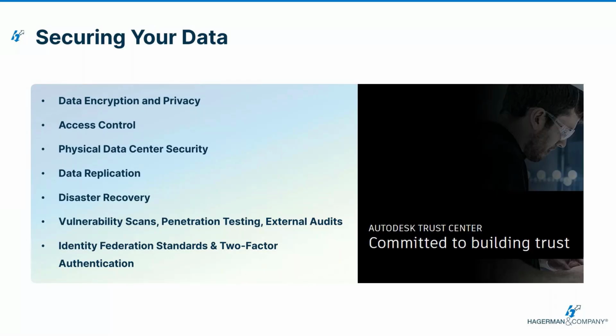Your data is replicated between data centers in separate locations to prevent data loss or delay in service. Data is replicated within 15 minutes, and separate backups are taken on a daily basis. If there are any unplanned outages, Autodesk personnel are available around the clock and are always working to restore full access as soon as possible.